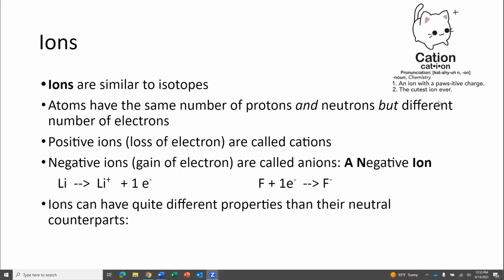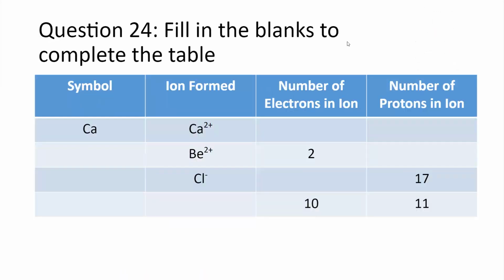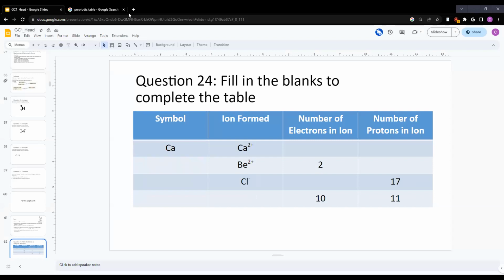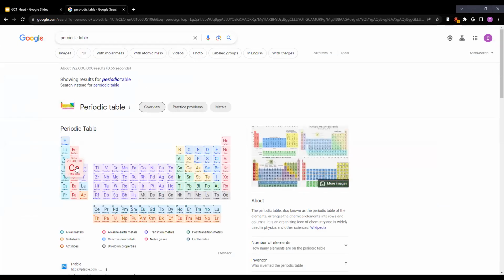And then the last thing that we did is we started to fill out this table. We did the first two rows, but we will continue. So let me get my periodic table. That is another tab. So we have calcium. We go to our periodic table and we see calcium is element 20.